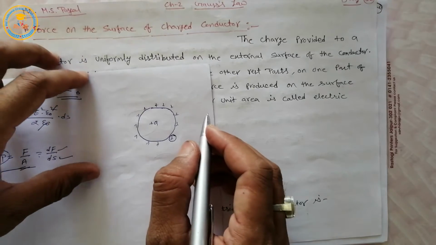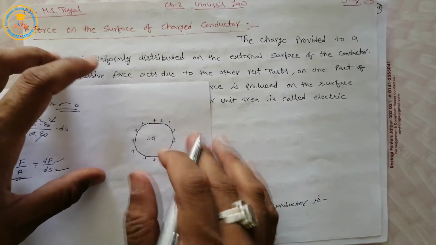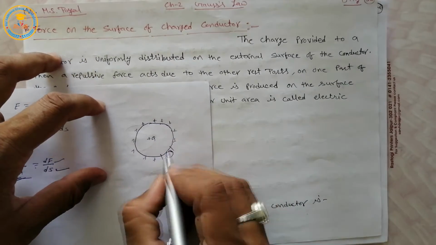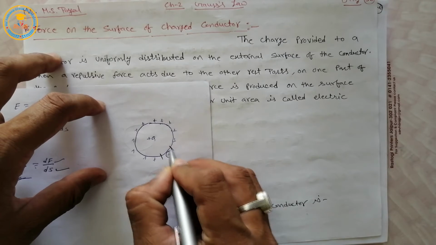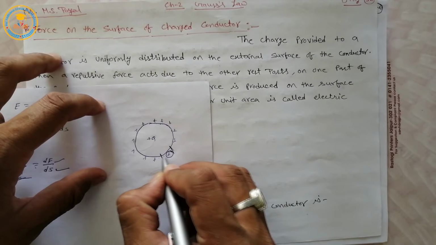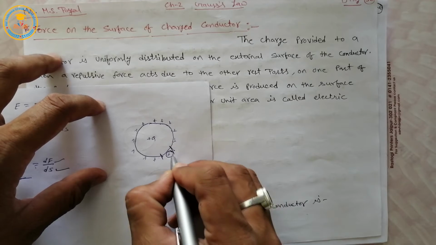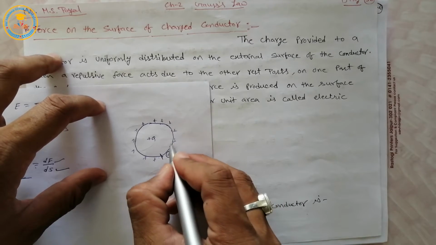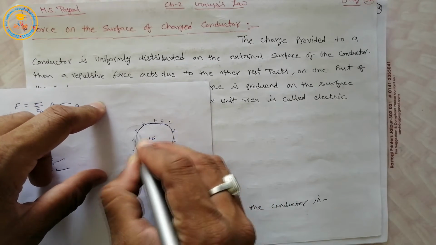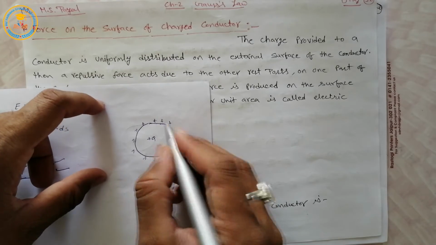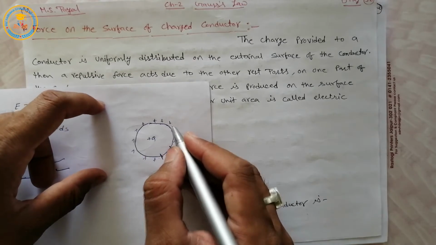Okay, so we can say that this element of surface experiences a repulsive force by these rest parts of the surface area.